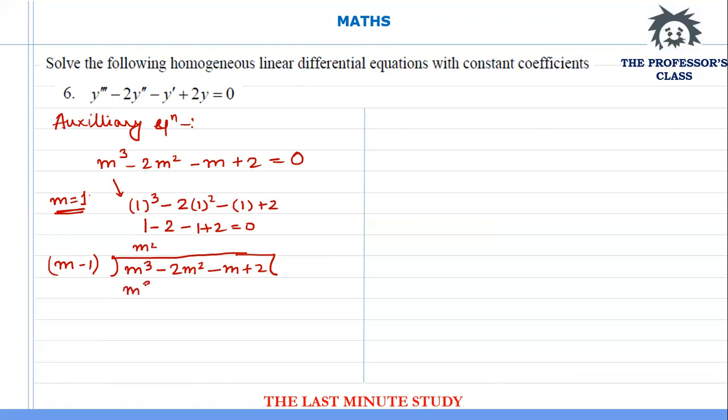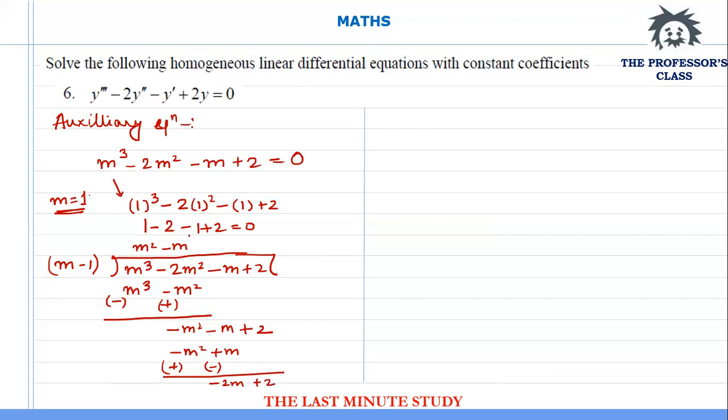So I'll get m cube minus m square. Changing the signs, I'll get minus m square minus m plus 2. Let's multiply it by minus m to get minus m square plus m. Changing the sign again, I'll be left with minus 2m plus 2, or if I multiply it by minus 2, I can cancel them off.